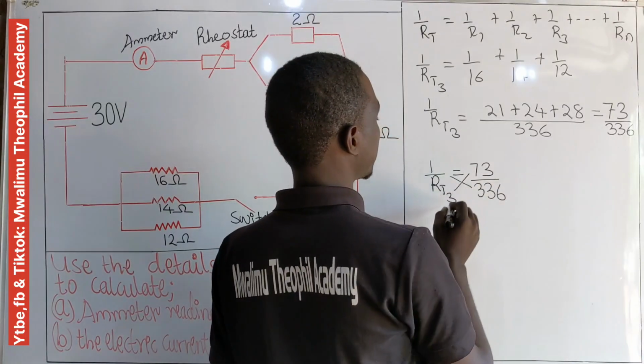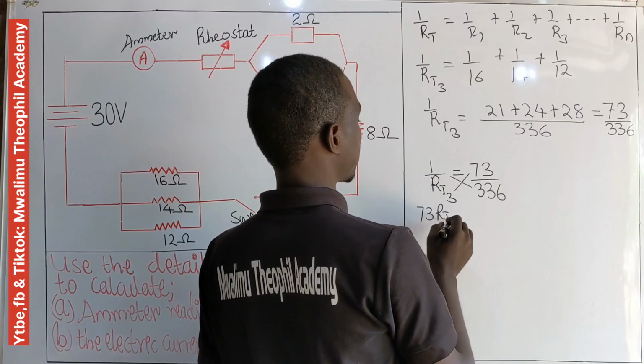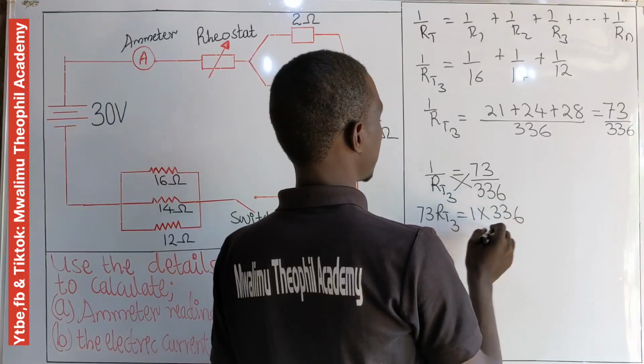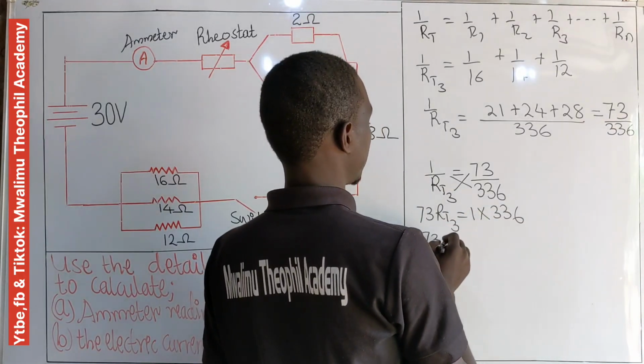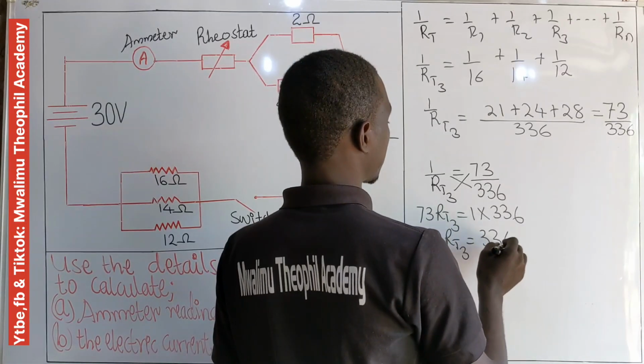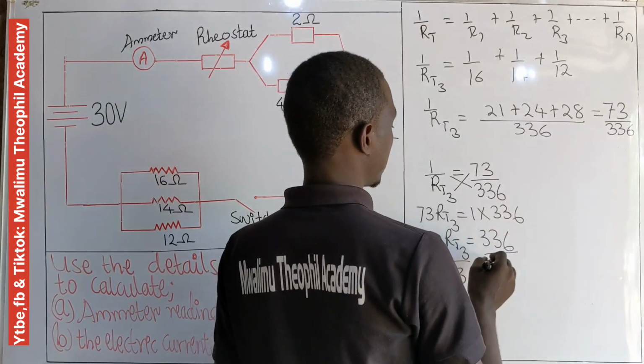Now we cross multiply. So we have 73 times R total 3 is equal to 1 times 336. To get R total 3, we divide by 73 both sides.